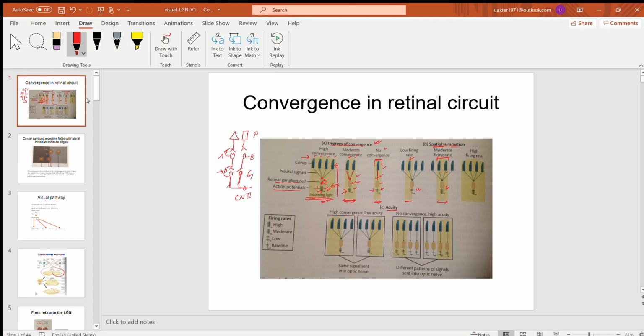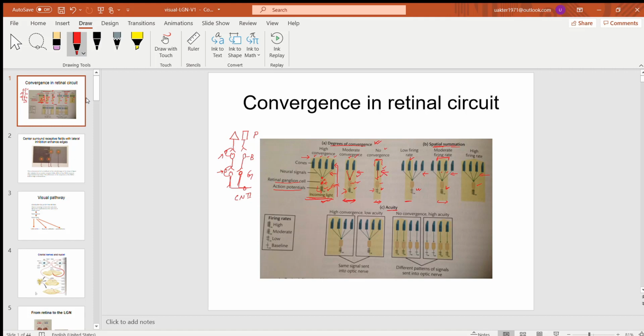ganglion cell here. In this case, in all these three, you see that the connectivity is the same, right? That means four cones are being converged on the same ganglion cell. Here in the one before, you saw more convergence, intermediate or moderate convergence, and no convergence here, right?